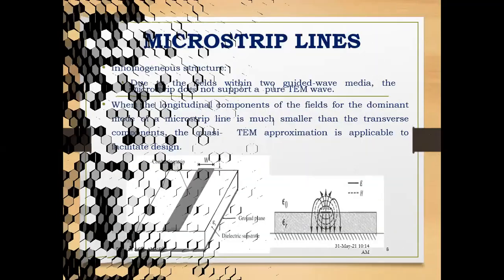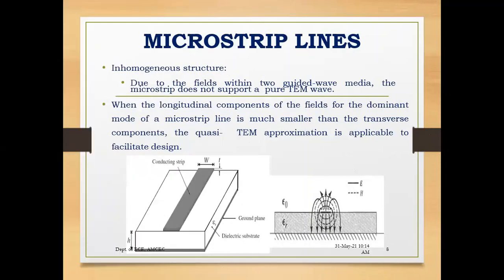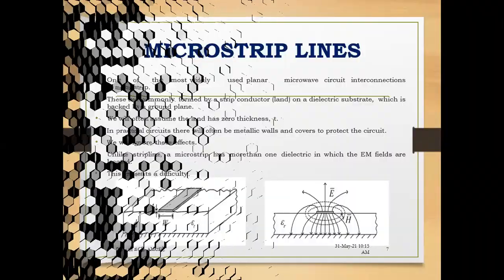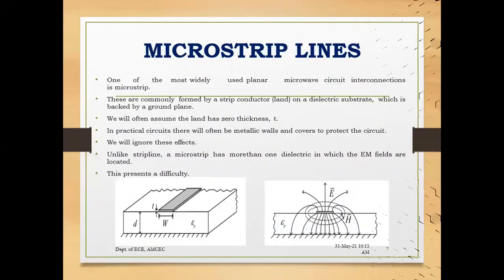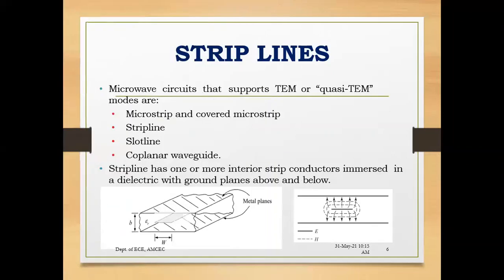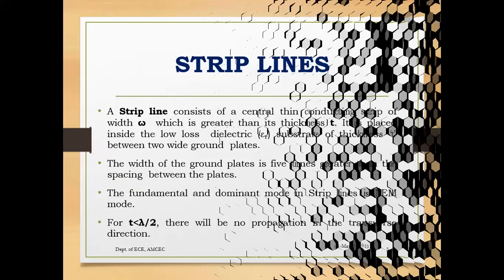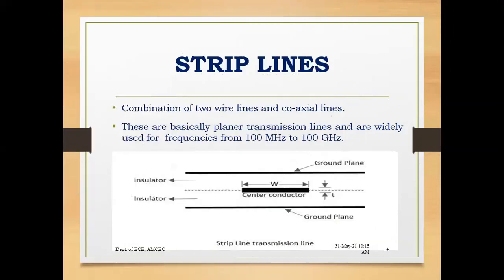Based on that, it will have a quasi-TEM mode and it has certain properties: it is easy to fabricate, of less cost, low weight, and easier for using the dielectric materials on the strip lines so that you can fabricate using the PCB technology.